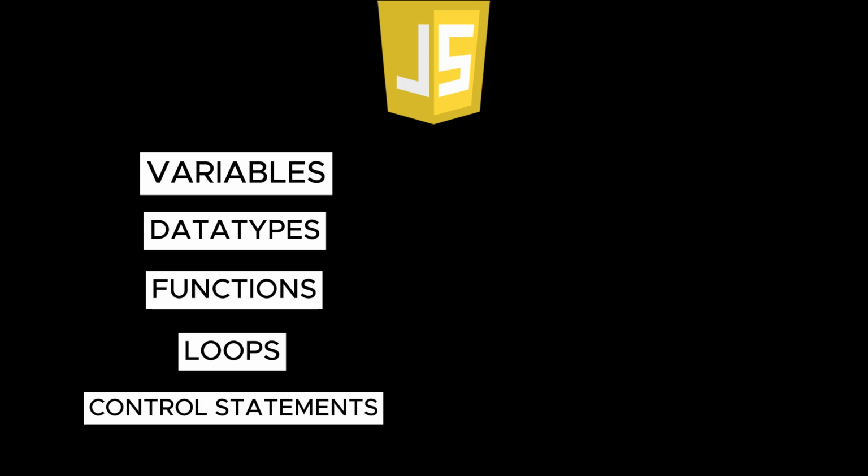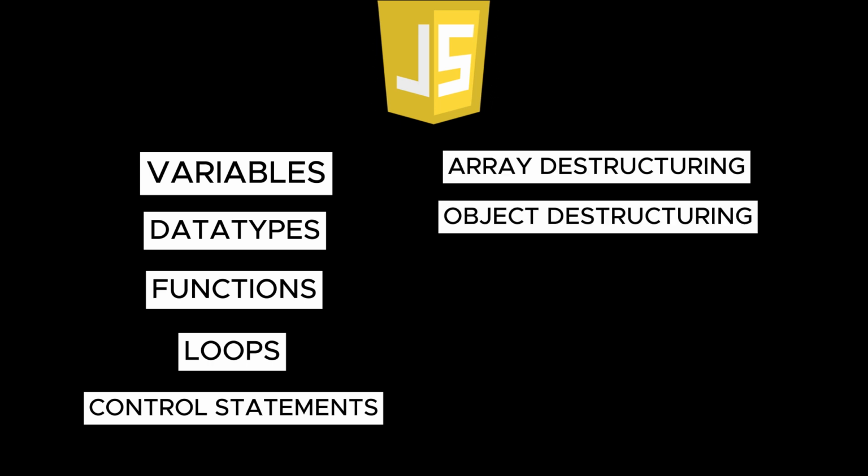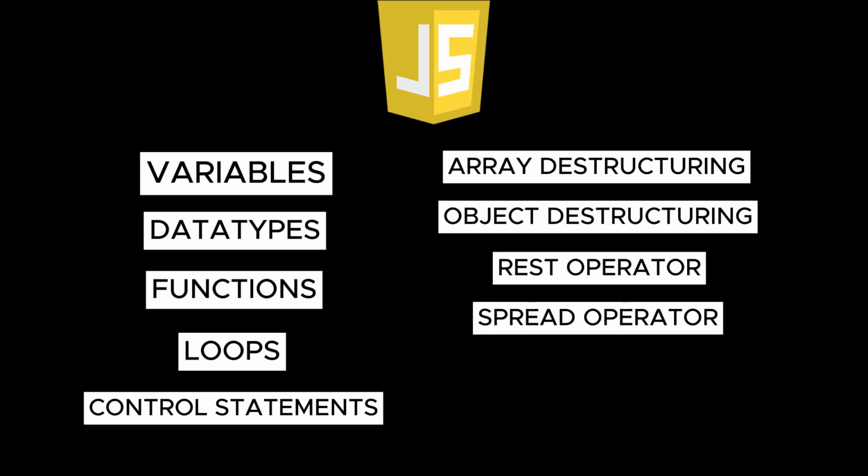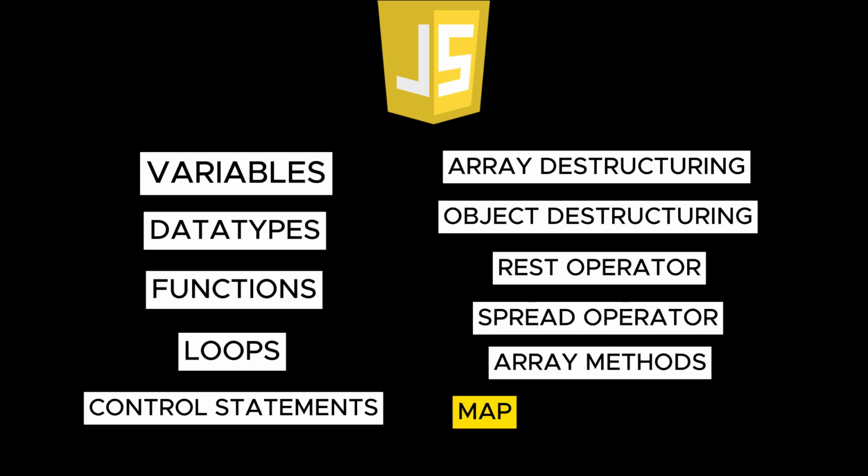Plus, you should also know some of the most used JavaScript ES6 features, which include array destructuring, object destructuring, rest operator, spread operator, and array methods such as map, filter and reduce, as they would help you a lot in React, Next.js, Angular or any other front-end library you want to pick after learning JavaScript.